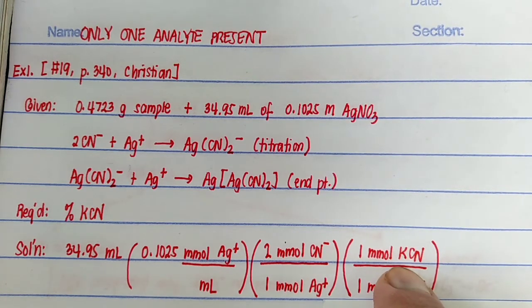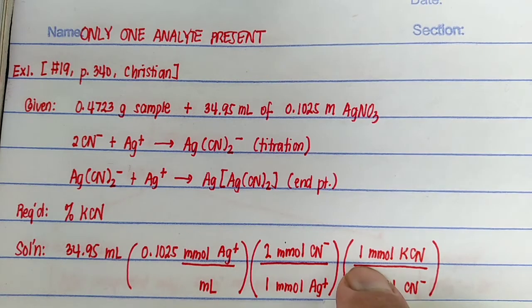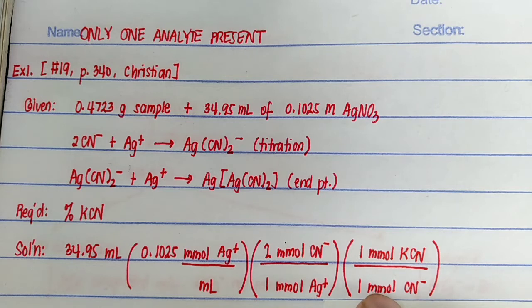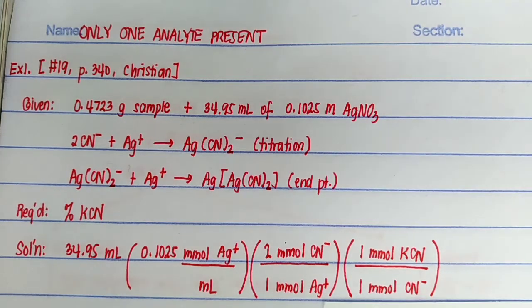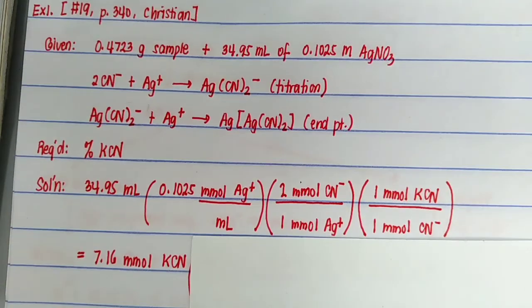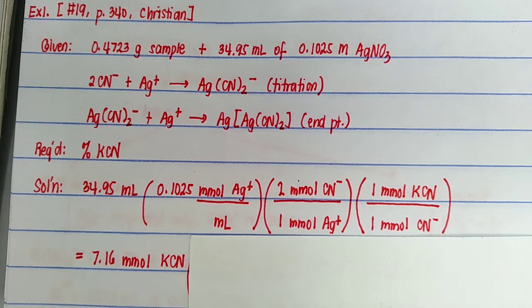And from the formula of KCN, we have 1 millimole of KCN containing always 1 millimole of CN. So plugging in the necessary values to your calculator, we're able to compute that there is 7.16 millimoles of KCN in our sample.